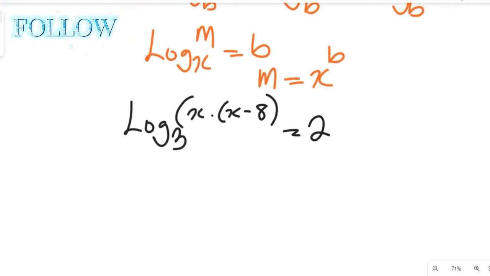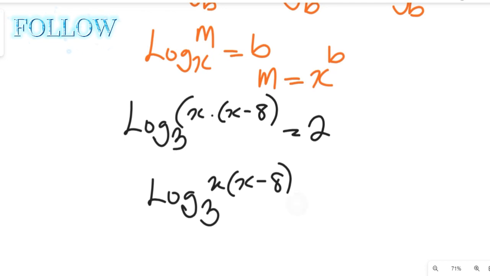So if we simplify that, we are going to have this become log of 3 to the power of x multiplied by x minus 8, and this will be equal to 2.